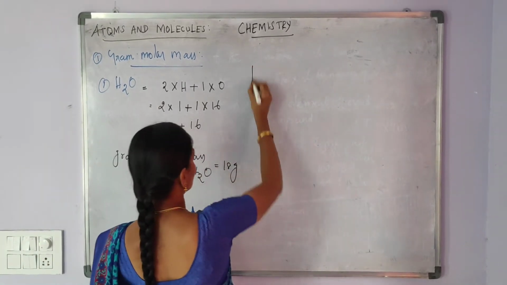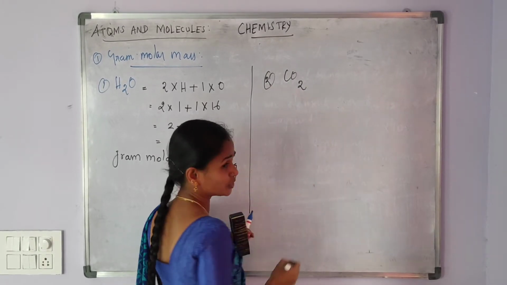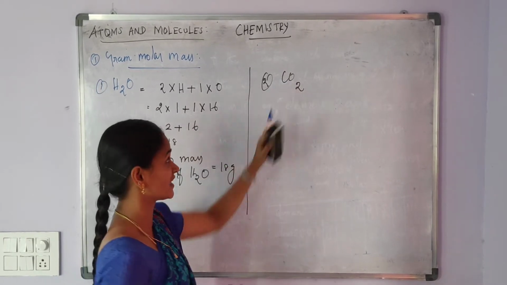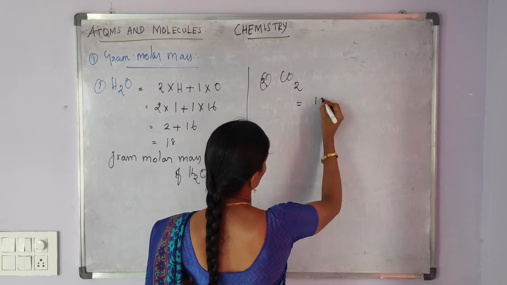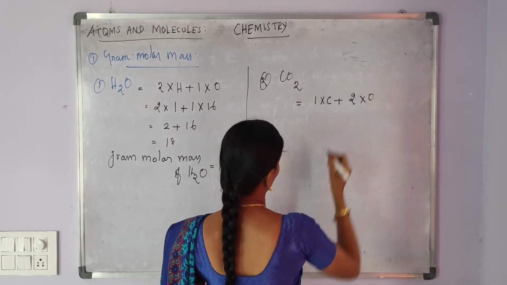And the second one is carbon dioxide, CO2. Calculating the gram molar mass of the carbon dioxide. Carbon dioxide contains 1 carbon atom and 2 oxygen atoms.